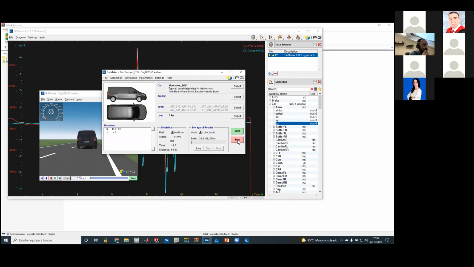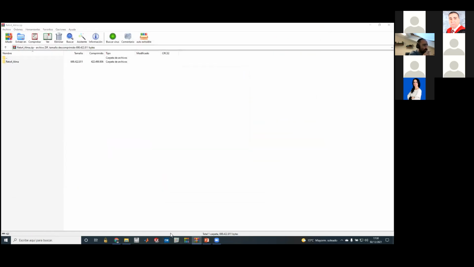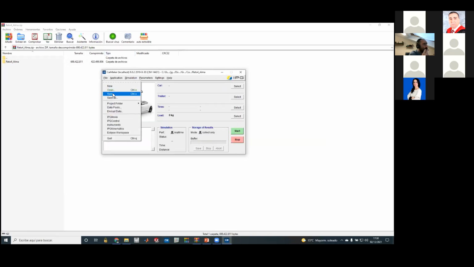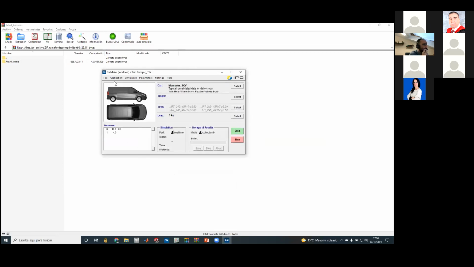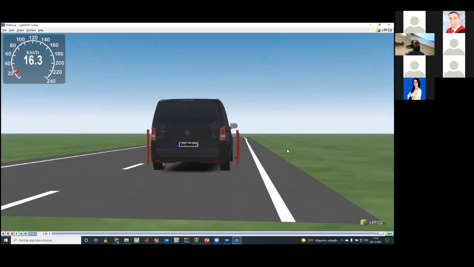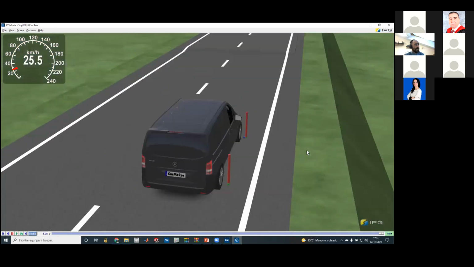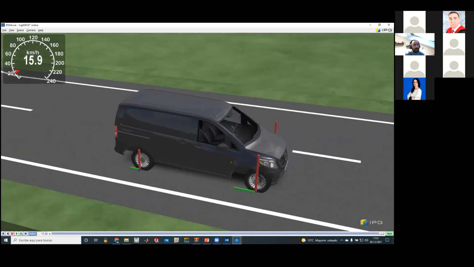Let me close this and open it again, because I think I have some connection problems with my license. Okay, there it goes.